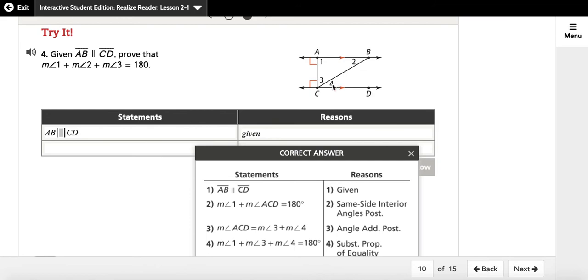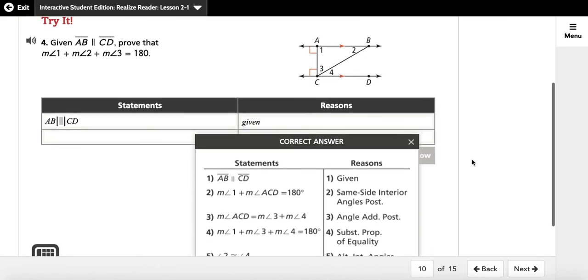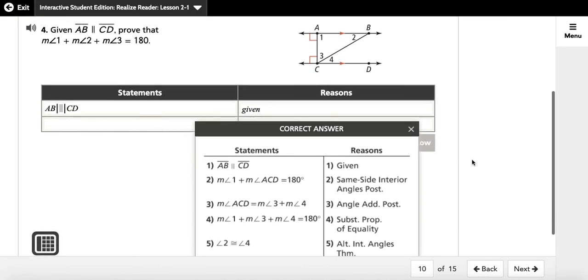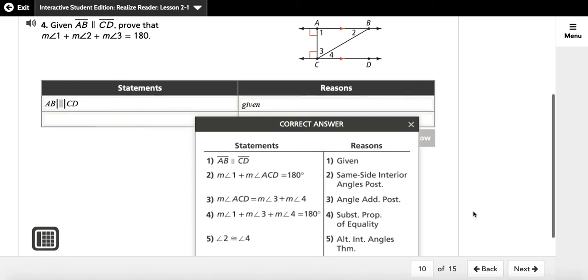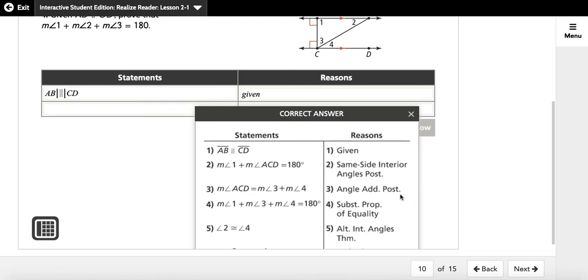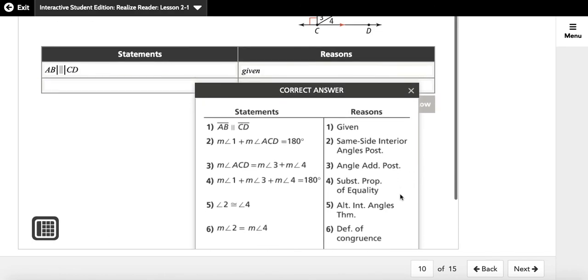And there's a relationship between 4 and 2, right? Angle 4 is congruent to angle 2 from the alternate interior angles theorem. Notice these are measurements. You can have measurements equal, you have angles congruent. So we need to next state that the measures are the same, definition of congruence.